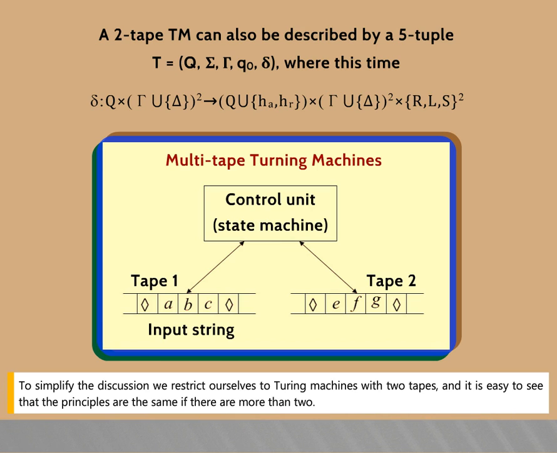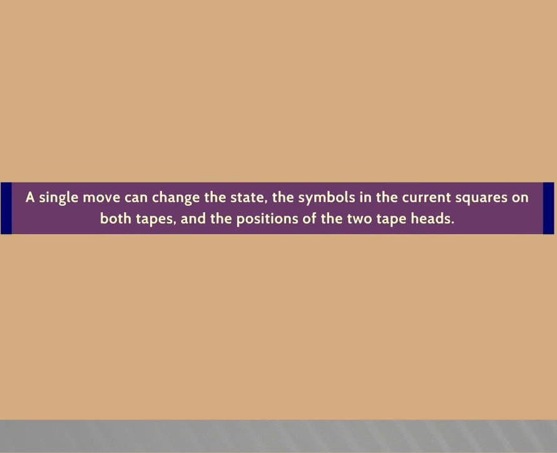A two-tape TM can also be described by a 5-tuple T = (Q, Σ, Γ, q0, δ), where this time δ: Q × (Γ ∪ {Δ})^2 → (Q ∪ {ha, hr}) × (Γ ∪ {Δ})^2 × {R, L, S}^2. A single move can change the state, the symbols in the current squares on both tapes, and the positions of the two tape heads.